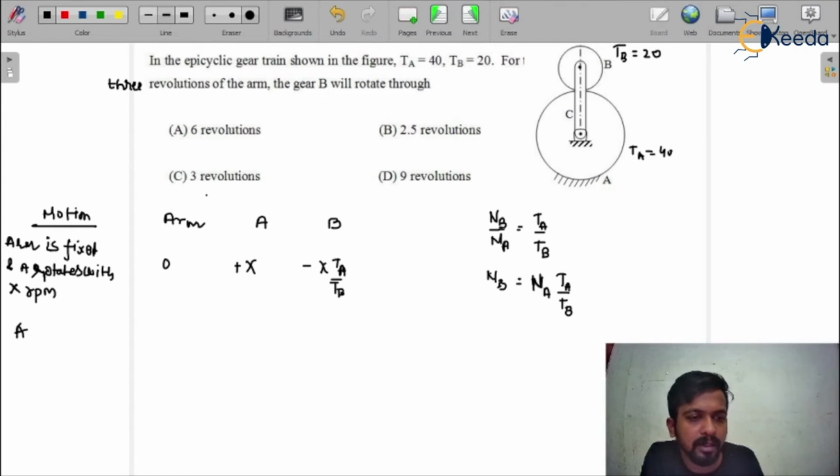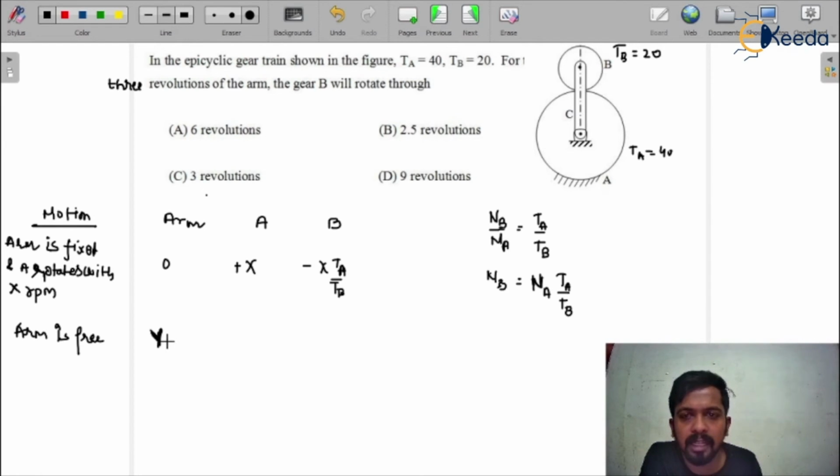Now I'm writing here that the arm is free. If the arm is free, and it is given that the arm makes 3 revolutions, what would be the speed of gear A and gear B? Assuming the speed of the arm is y, this is the general table.